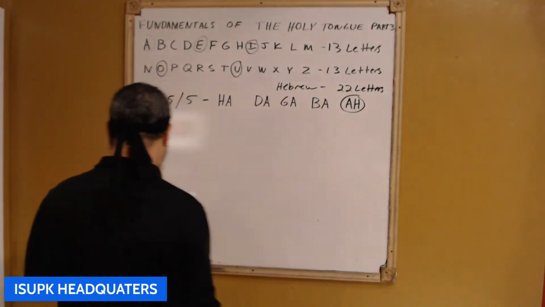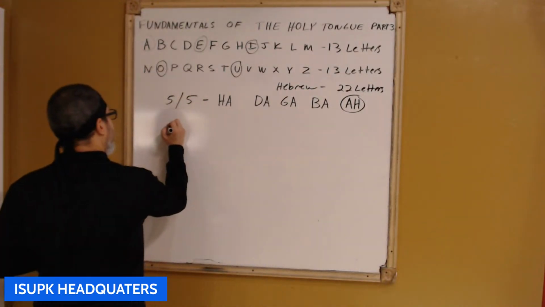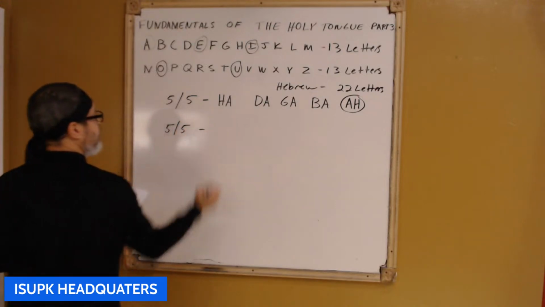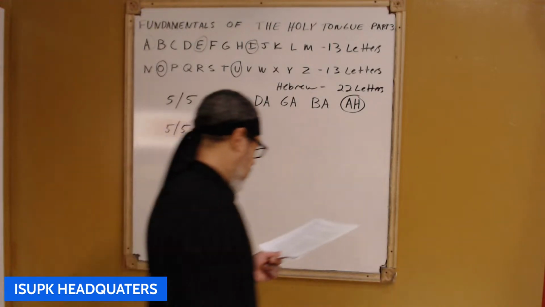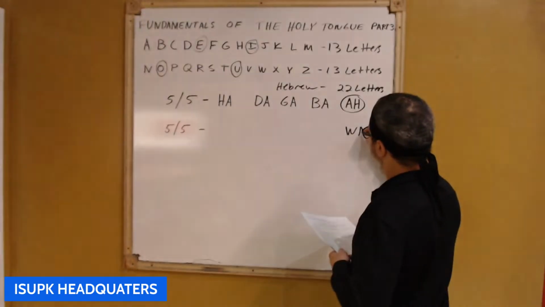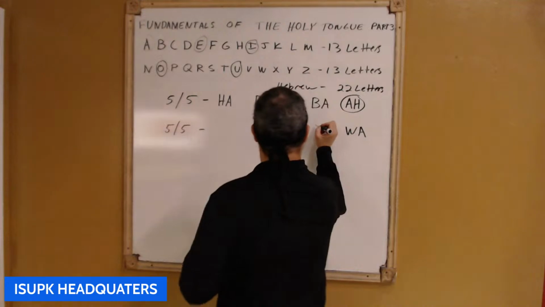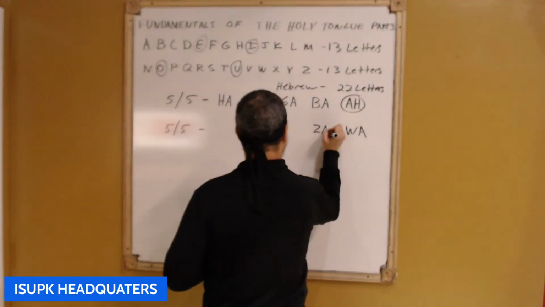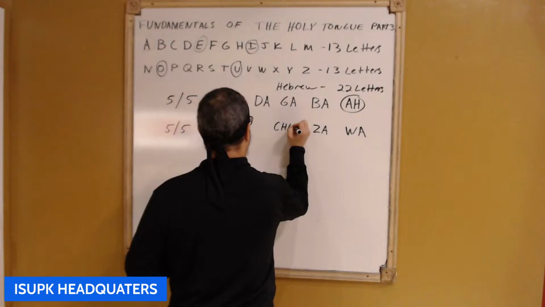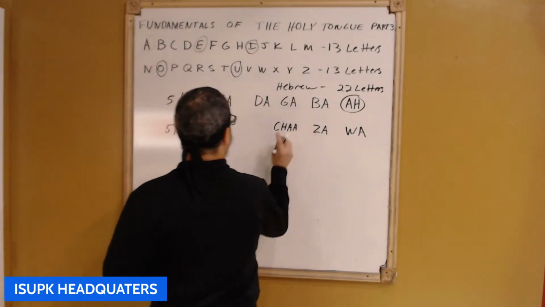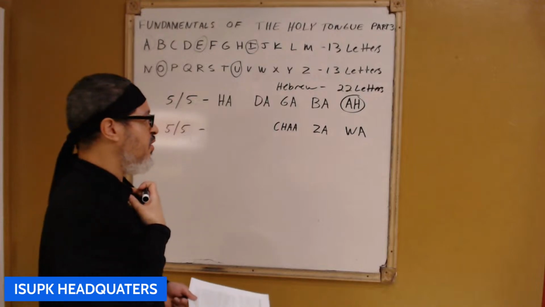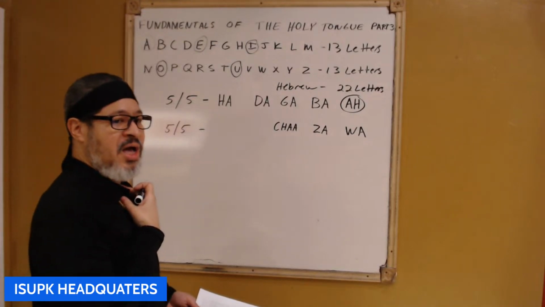Then we have our next set of 5 characters and 5 syllables, which is wa, za, ka. And when we say this letter, it's ka, as if there's something in the throat, not just a ka.